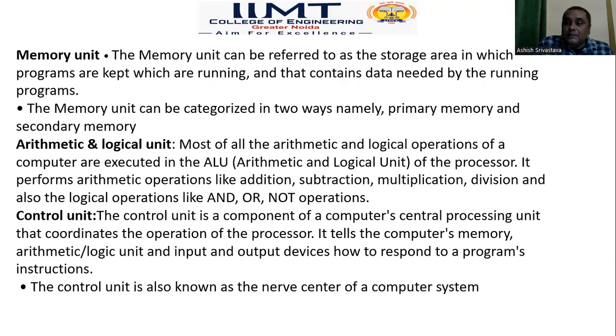Primary memory means RAM, and secondary memory means hard disk, hard drive, pen drive. So the memory unit is used for the storage of programs or instructions in primary memory or secondary memory.